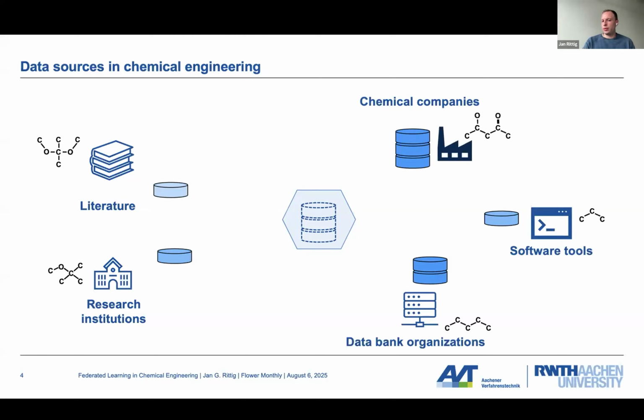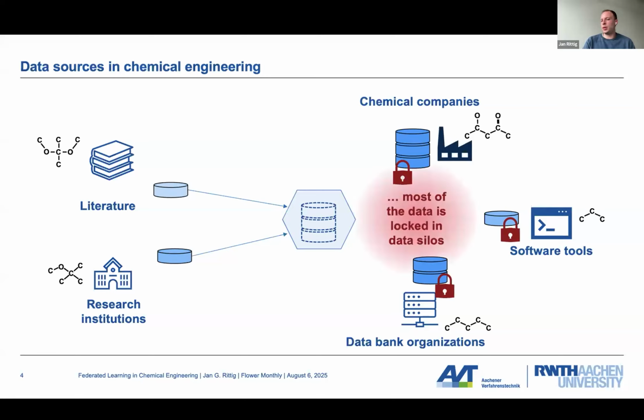So if we want to use it for machine learning, one approach would be to just collect all this data in a database. We can go to the literature, also to research institutions, and the data is openly available. But if we go to chemical companies, also to software tools and the private data bank organizations, the data is locked. They put a lot of effort and labor into actually obtaining this data from experiments, and they do not want to openly share it.